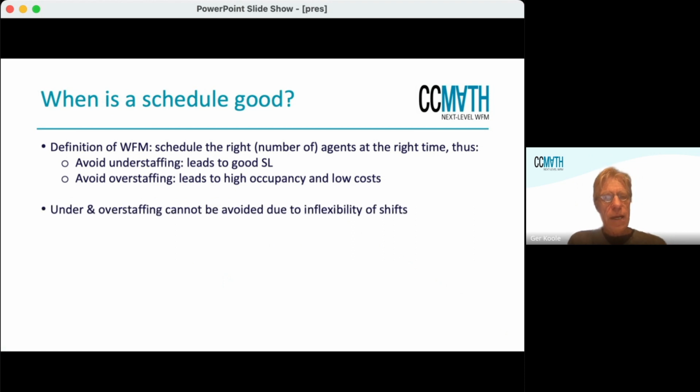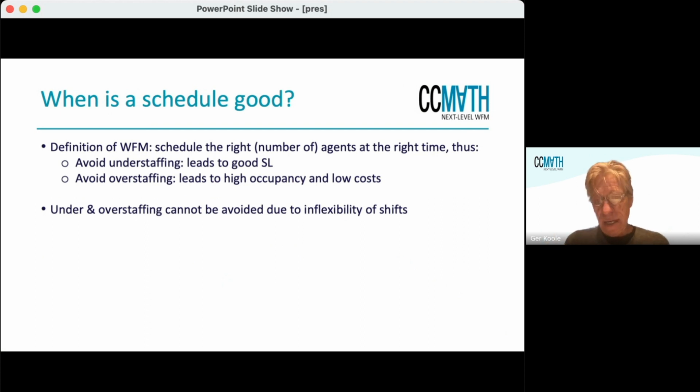Now the problem with scheduling is that in general you cannot avoid under or overstaffing. I'm assuming a call center with inbound calls, and there are shifts. Of course, you have different requirements per interval, and perhaps your shifts are 8-hour shifts or 4-hour shifts or 6-hour shifts.